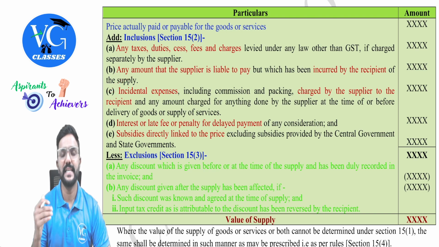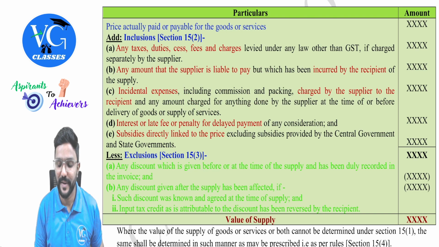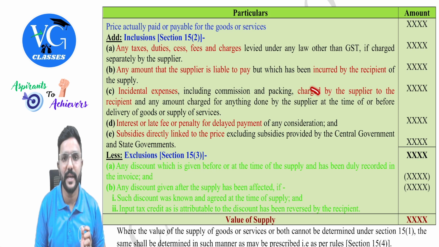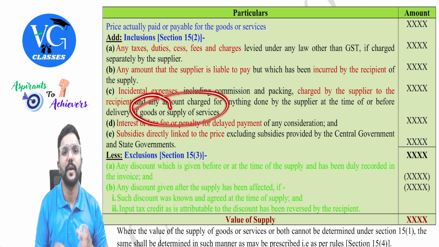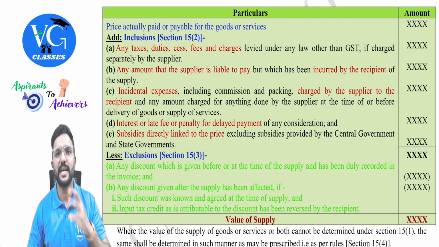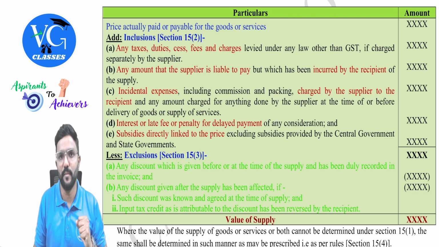Then clause C, incidental expenses, including commission and packing charged by the supplier to the recipient, and any amount charged for anything done by the supplier at the time of or before the supply or delivery of goods, guys. So simple. Assume I am charging you some commission, or you have asked for some special packing or special designing for a product for which I am charging you some extra amount.